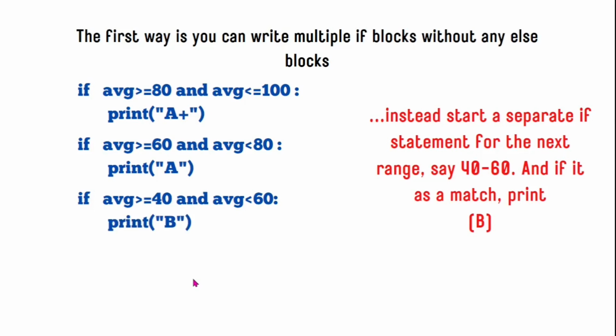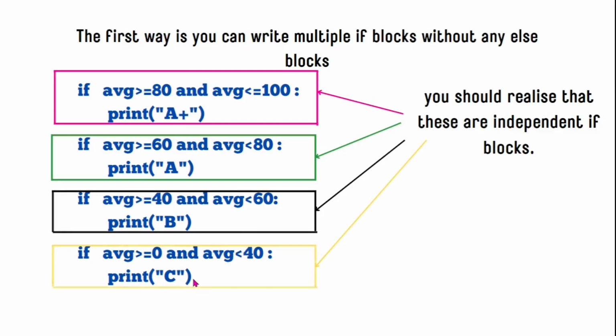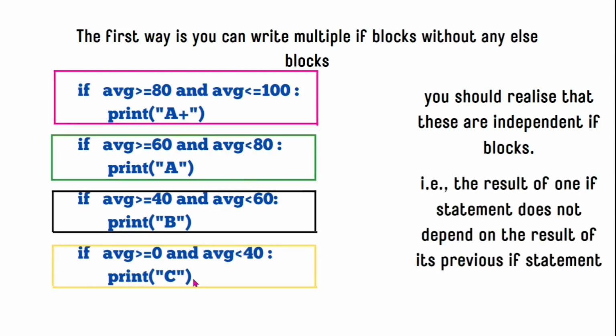And if it is a match, print B. Similarly, write a separate if statement for the last range, that is, if the average is within 0 to 40, print C. You should realize that these are independent if blocks. That is, the result of one if statement doesn't depend on the result of its previous if statement.